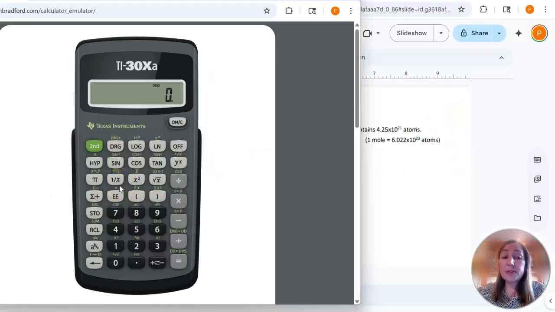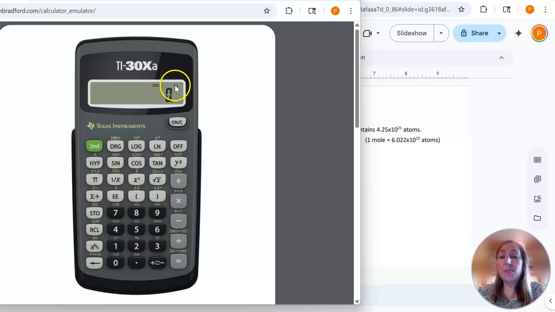Okay. I'm going to show you my little online calculator. I've got 4.25 times. I like to go 10, and then I like to do y to the x. 10 to the 21st. So I did y to the x. And look at how it's 4.25 and then to the 21st. I'm supposed to assume that that's 10 to the 21st. Okay, then I'm going to hit divide, and I'm going to do parentheses.